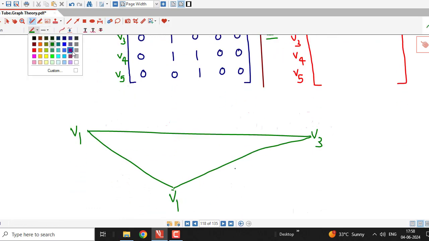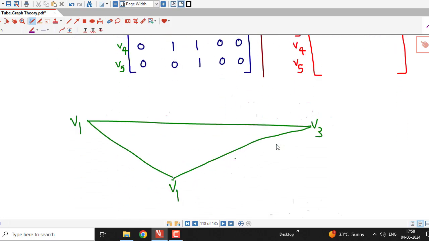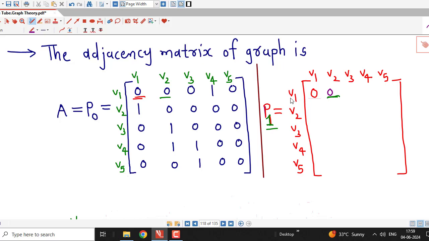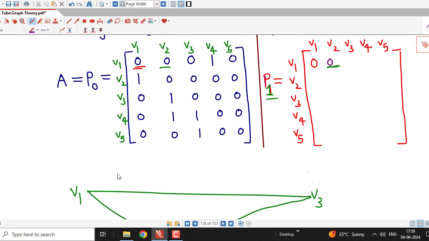And now I will search for entries corresponding to V1 to V3, V1 to V1 and V1 to V3 from the previous matrix, that is P0. Now for V1, if I am writing entries corresponding to the first row, then they are for V1. So for V1 to V1, this is always fixed, it is 0. And for V3, if I go from V1 to V3, I will have 0 here.